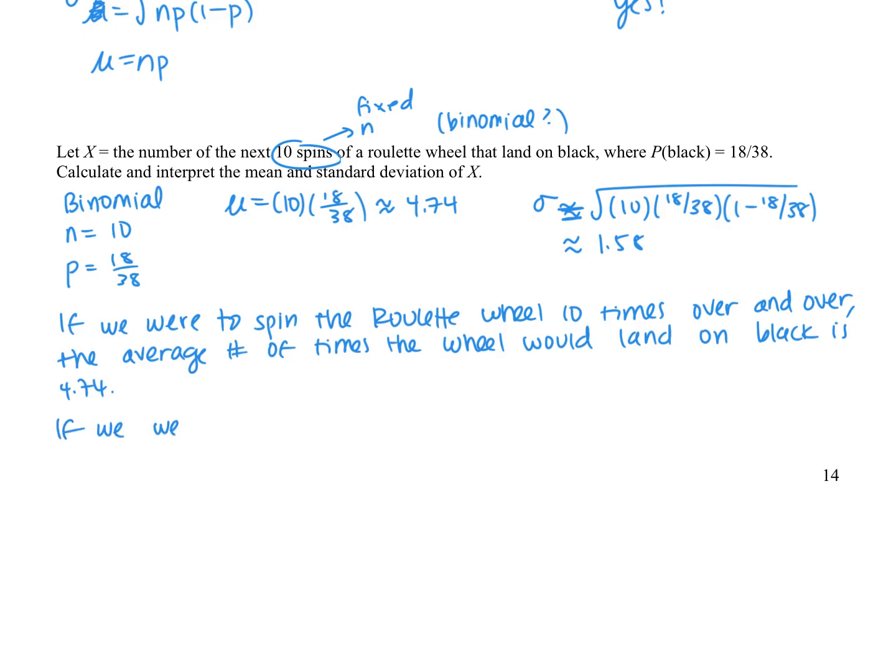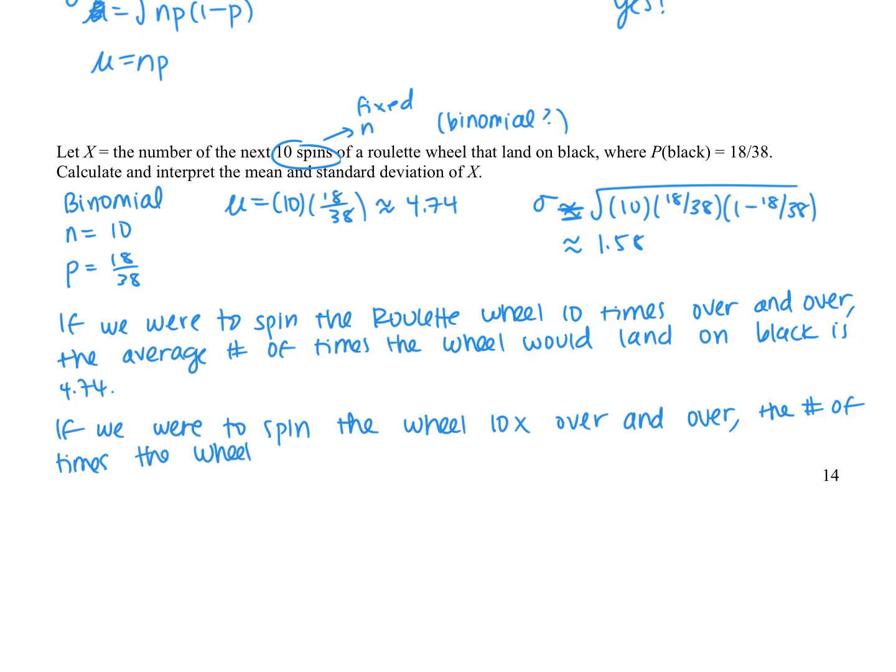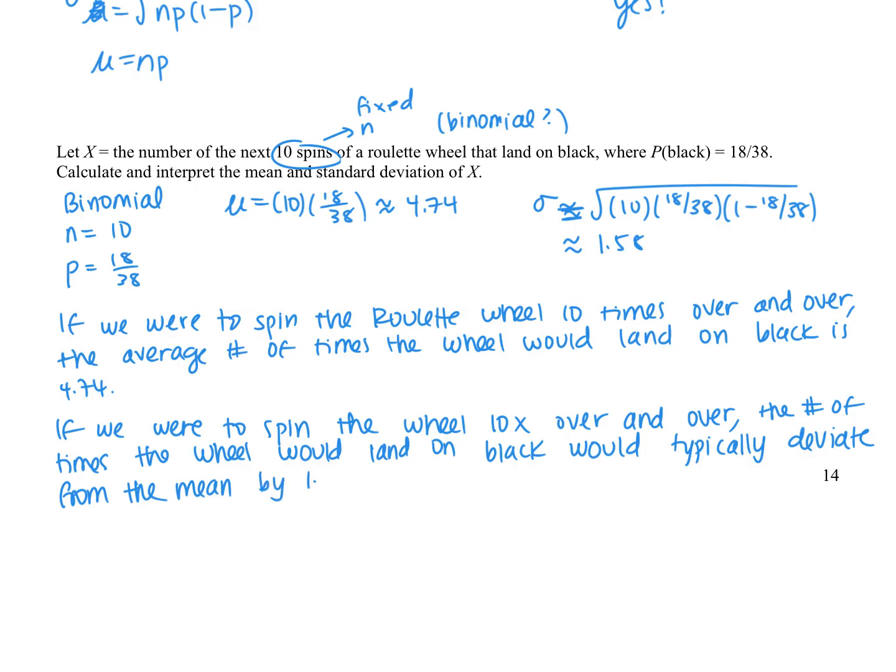Okay, and then standard deviation. Again, if we were to spin the wheel 10 times over and over, the number of times the wheel would land on black would typically deviate from the mean by 1.58.